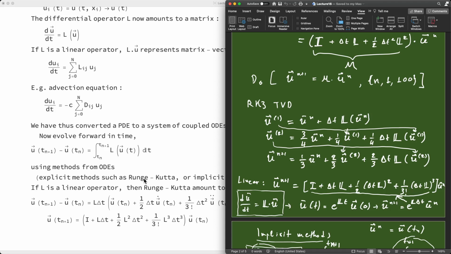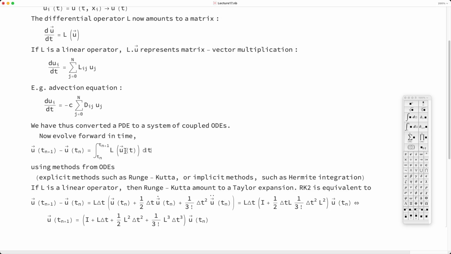Another way to demonstrate this is to expand the function we're integrating around t_n and then integrate it. If we do that, we get a formula that looks like this. That's simply an integrated Taylor expansion.